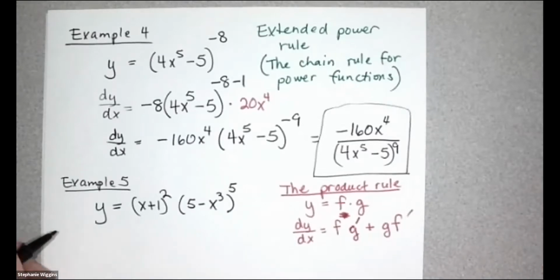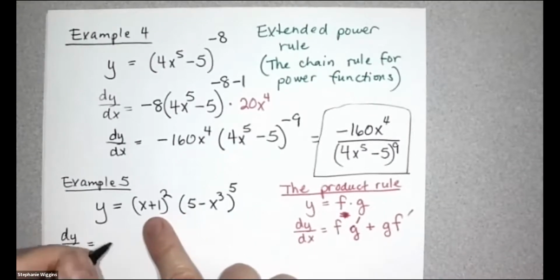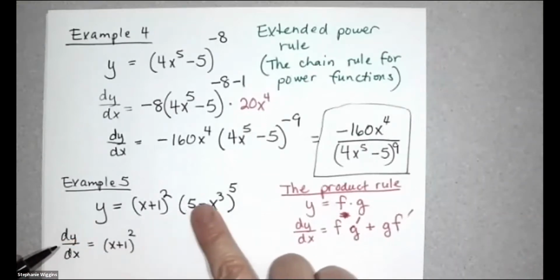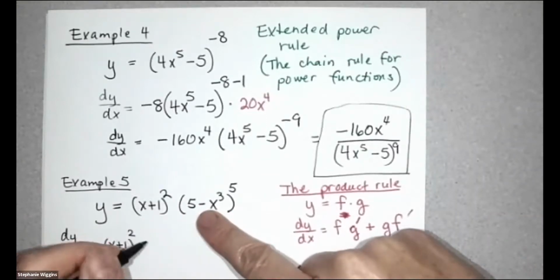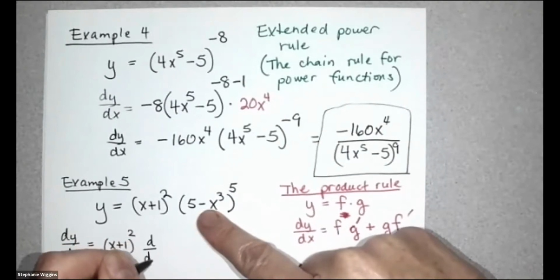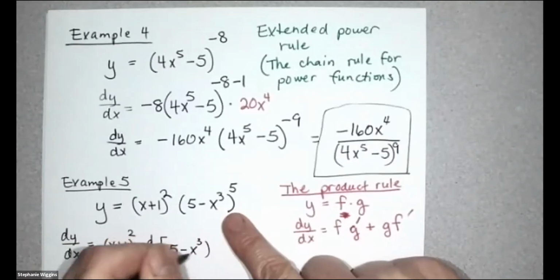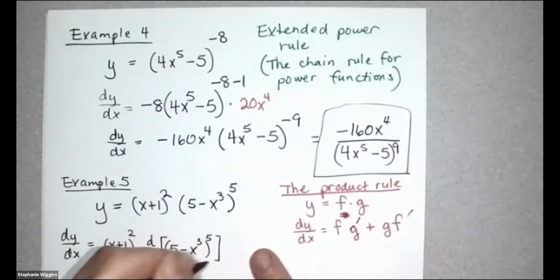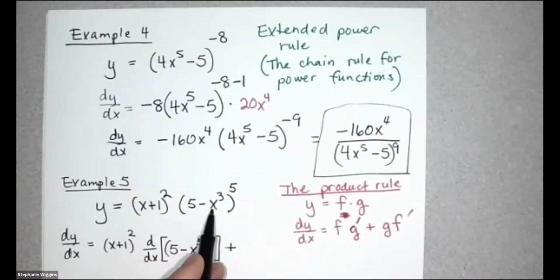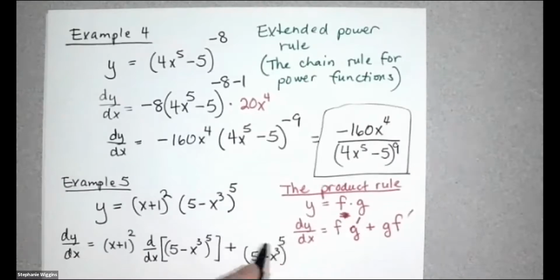We're going to take dy dx, which is the first function, x plus 1 squared. And I'm just going to write the notation right now. I'm going to say the derivative d dx of the second function plus the second function times the derivative of the first.